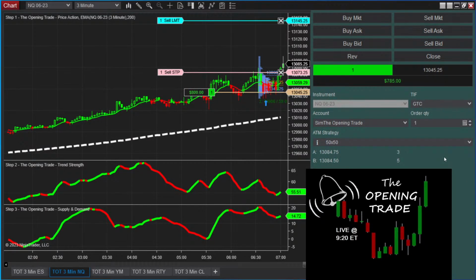Alright, it looks like the NASDAQ is starting to lose its momentum. Hopefully it picks up some more energy and keeps on going. Go, go, buddy, go.